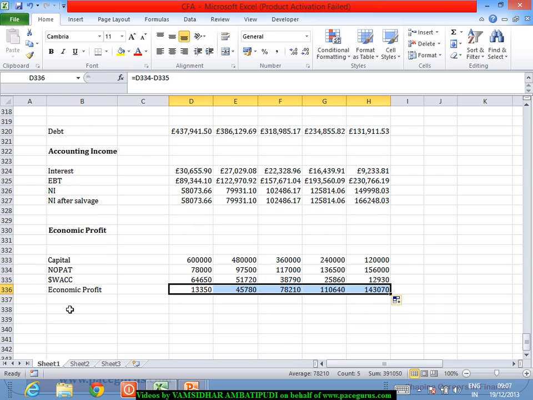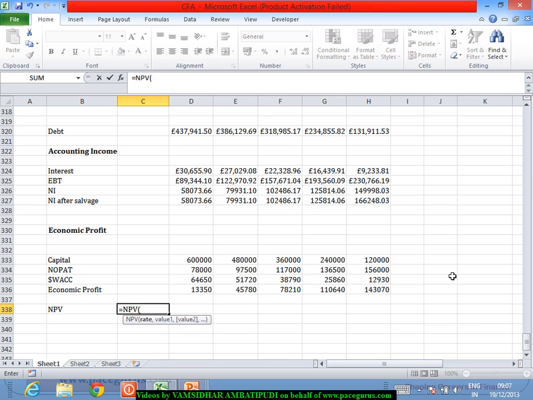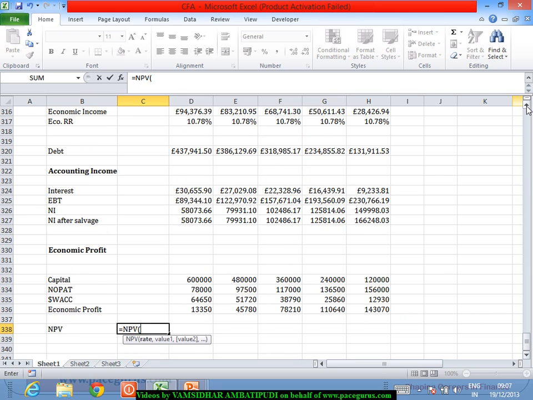So I can very well compute the NPV of these economic profits discounted at the same weighted average cost of capital.